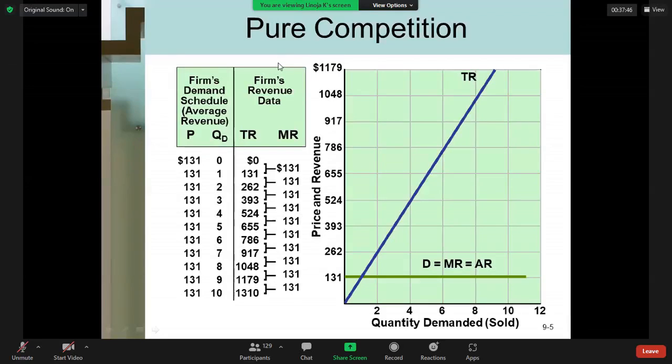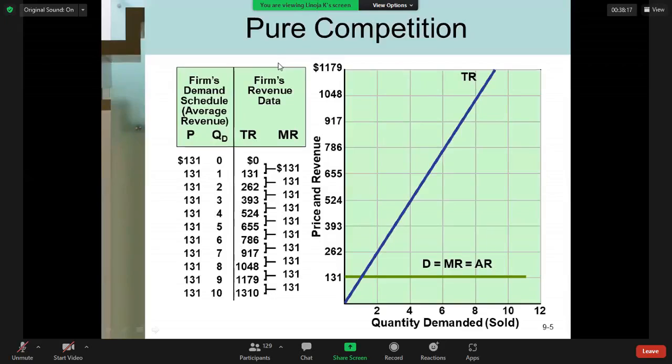Can anyone tell me the average revenue values in order? First one 0, ma'am. Second 131. Then 131, 131 is the same, right?